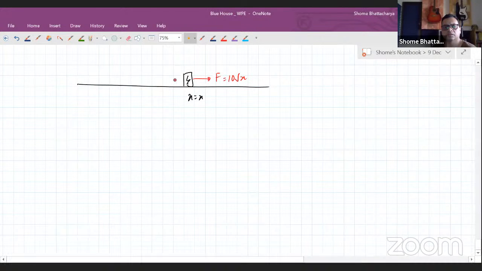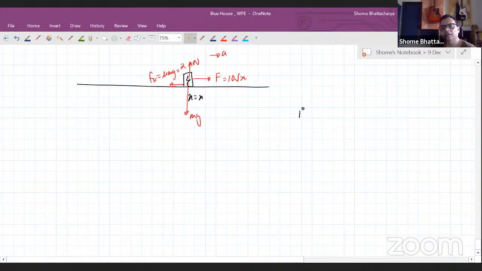There is friction acting on it, which is mu mg, so that is 2 newtons, and there is mg and normal reaction. So it has a linear acceleration like this.